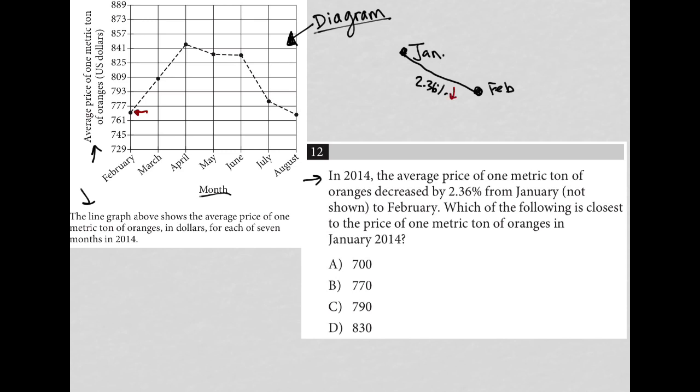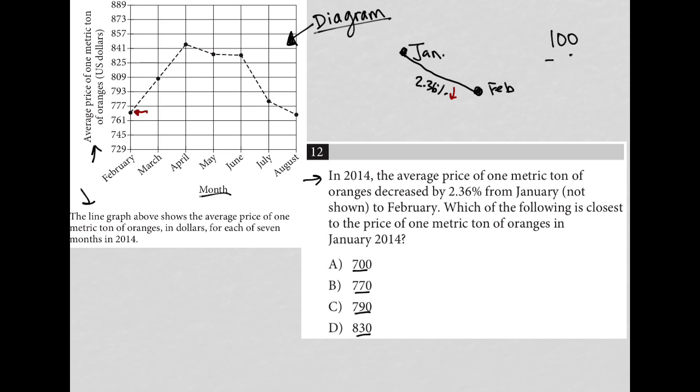So I'm going to think of this from a mathematical standpoint, in which case all of these answer choices represent possible January data points. So how do I figure out what 2.36% lower than these data points is? Well, I'm going to figure out the percentage of the January data point that a 2.36% decrease would represent.